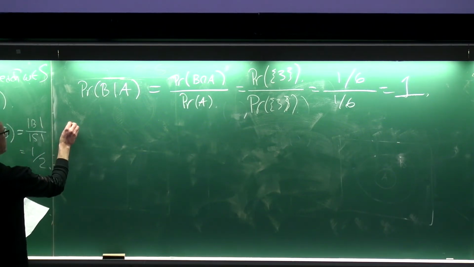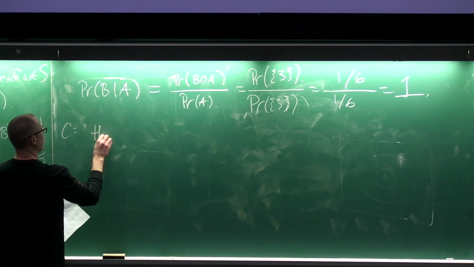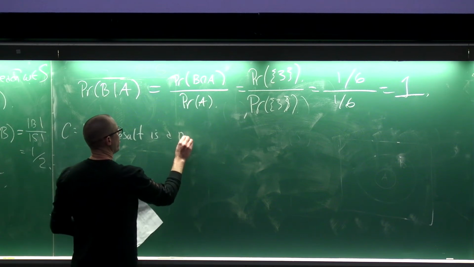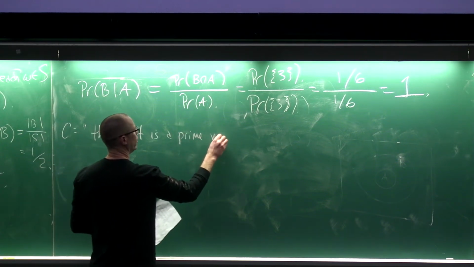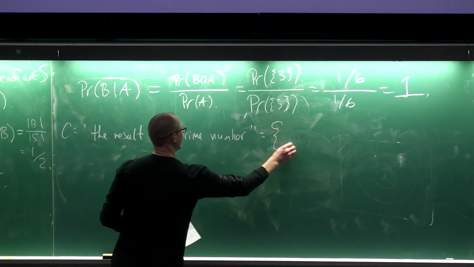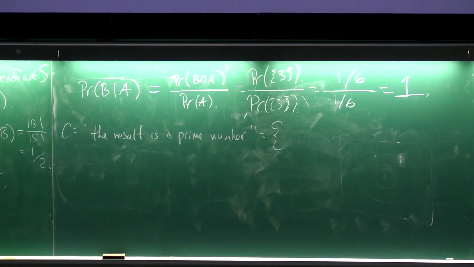Let's take C to be the result is a prime number. What are the prime numbers in here? 2, 3, and 5.